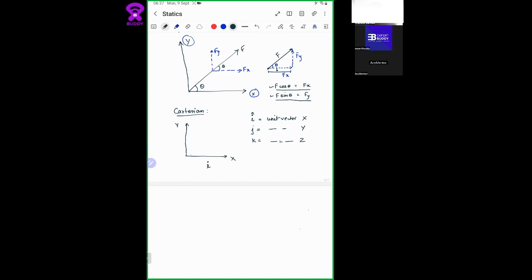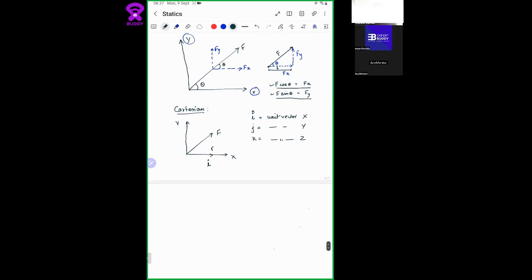So what happens is when you resolve the forces into Fx and Fy, these are actually acting along the unit vectors. So here you get the magnitude.